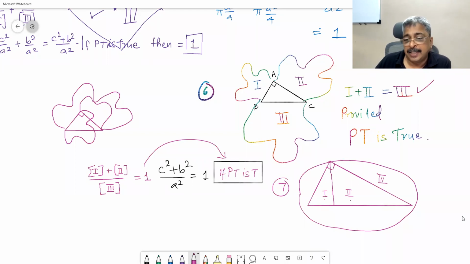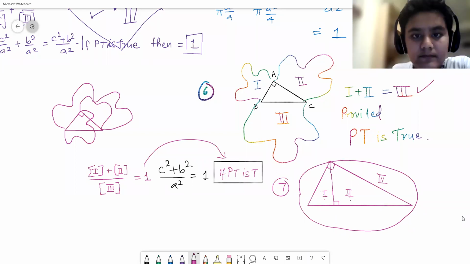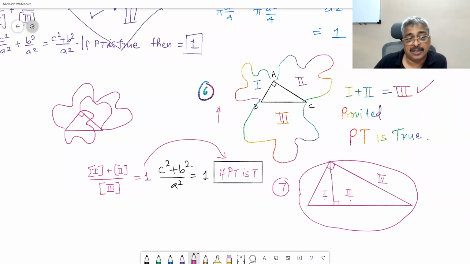What Euclid did is drop a perpendicular from the right angle vertex onto the hypotenuse. Area 1, area 2. Are these similar triangles? Yes. And are they similar to the original triangle 3? Yes. Therefore, we are satisfying the above requirement that we are drawing similar figures on all three sides.